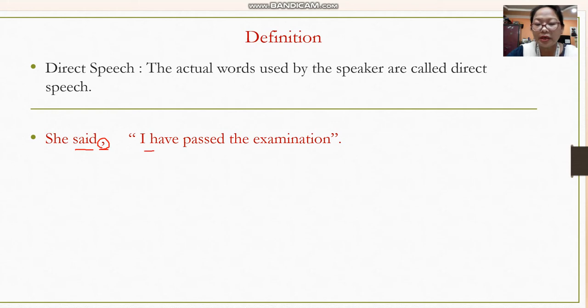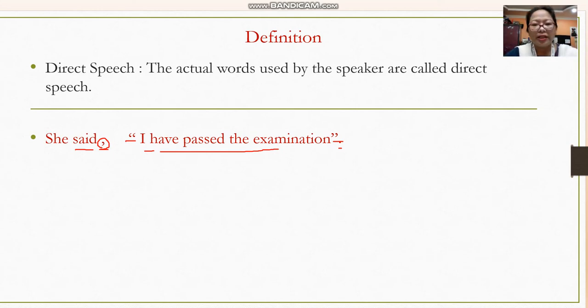And the speech of the speaker, this is the reporting speech, okay? This is the reporting speech inside the inverted commas, and we see there are two inverted commas here, and it ends with a full stop. And the first letter after the beginning of the inverted comma, we always use a capital letter.